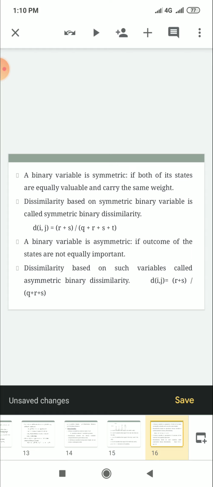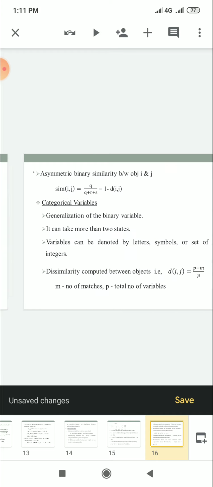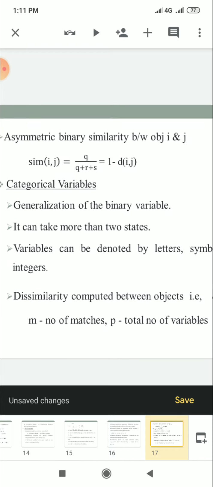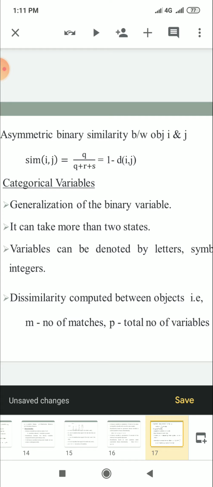Dissimilarity based on such variables is called asymmetric binary dissimilarity. d(i,j) = (r + s) / (q + r + s). Asymmetric binary similarity can be found by the given formula: q / (q + r + s).